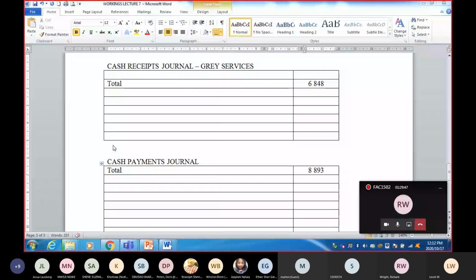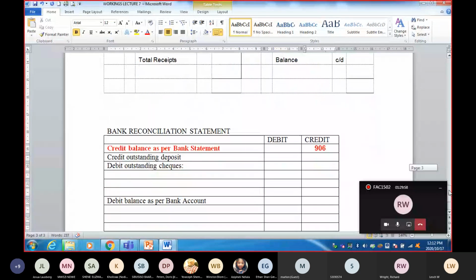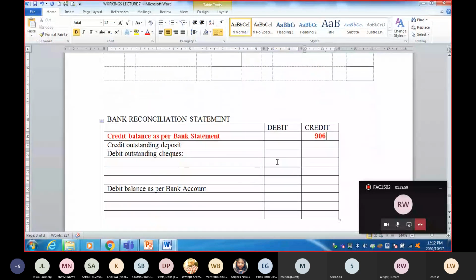But there's one amount of 1,152 that is not on the bank statement. So that amount appears in my cash receipts journal, it's not on the bank statement. I go to my bank statement and I will write there, credit outstanding deposit, and that outstanding deposit will be the amount of 1,152 Rand.